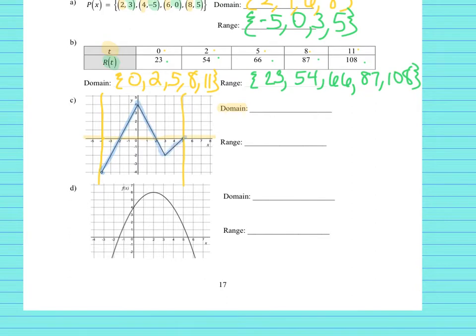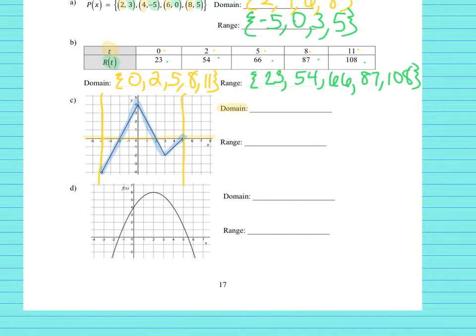So everywhere it's consistent. There are no gaps. There's no stopping places and then starting back up places. It flows freely from all the way over here, up to here, down to here, and over to here, and then stops. So the domain are all the x values that exist from that starting point to that ending point.